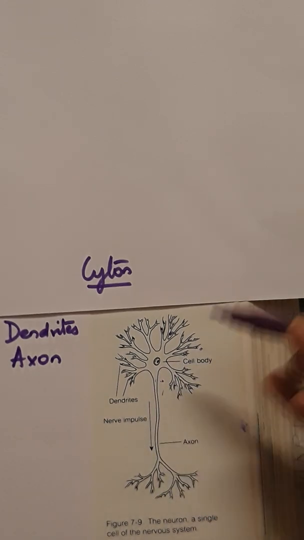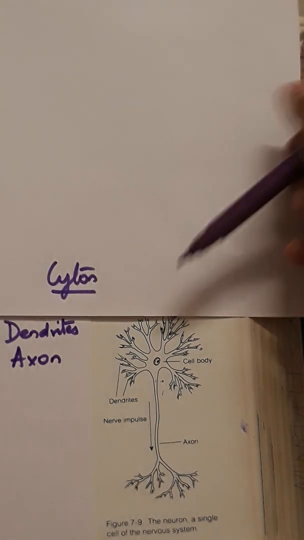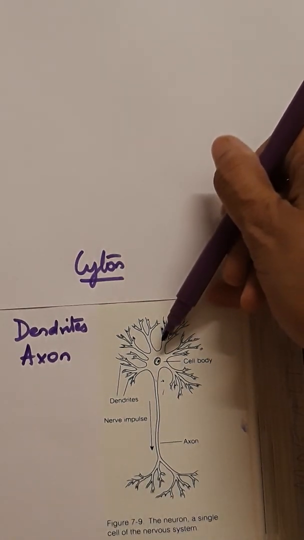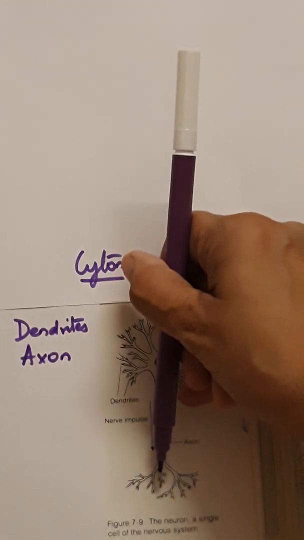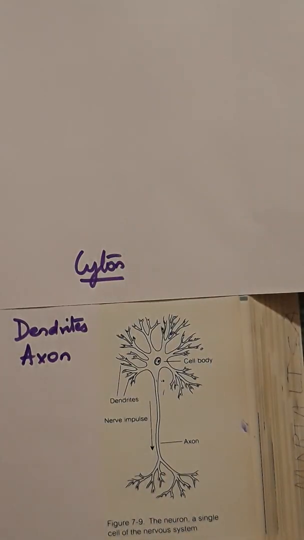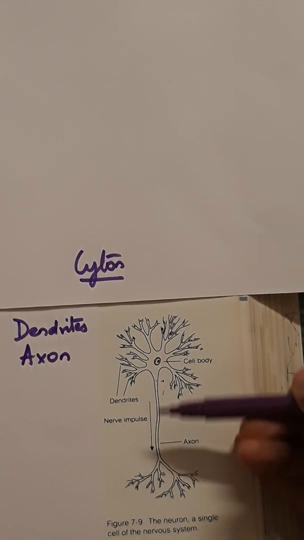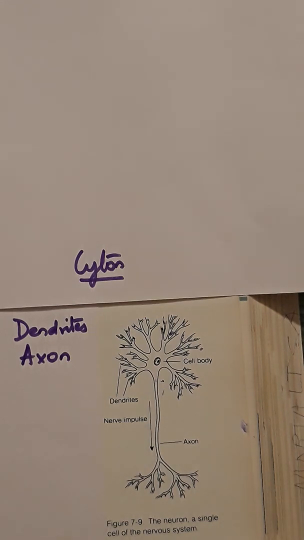So the messages will come from the other neurons towards the main cell body through the dendrites, and then from here it will go away from the main cell body through the axon. So the axon is a long slender projection and it conducts electric impulses away from the main cell body.